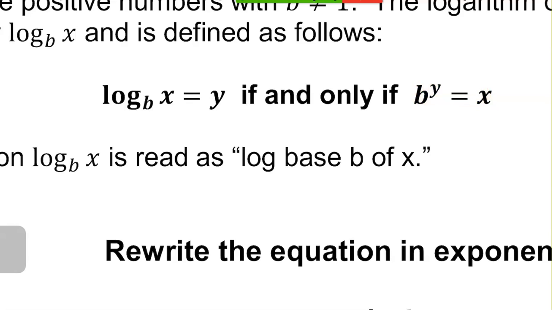The base, denoted with this b, is the thing that holds up the exponent, and it's also the base of your logarithm. The one backwards thing is that your exponent is the answer for a logarithm, and the answer for your exponential function is the inside of that logarithm.